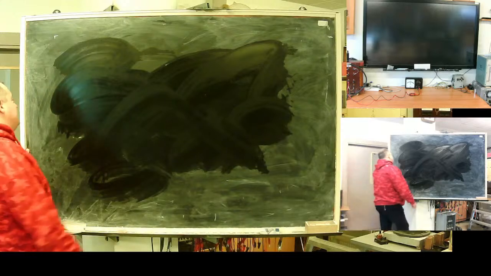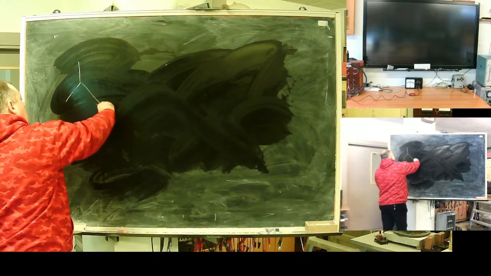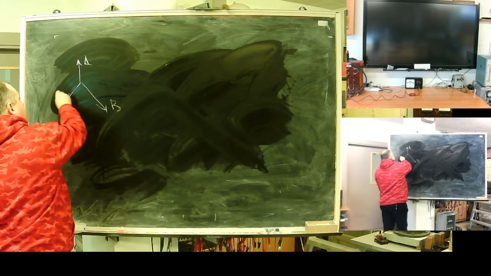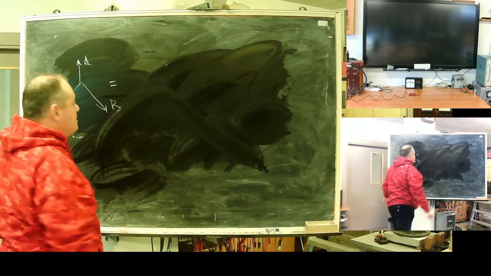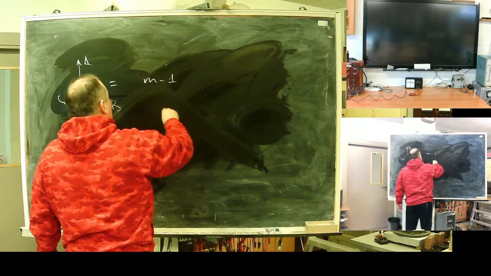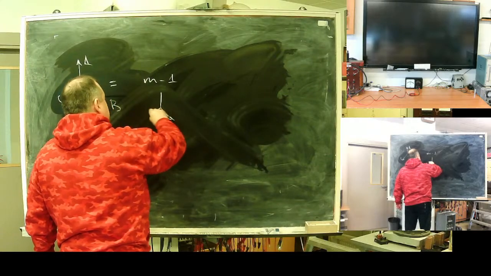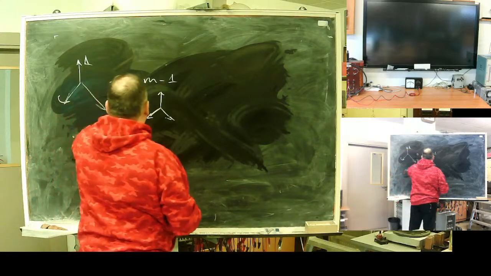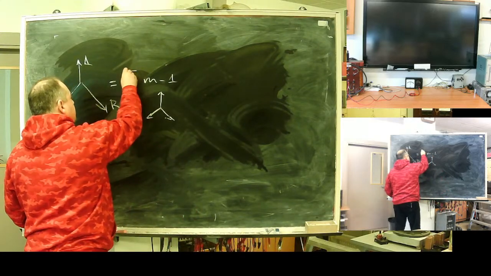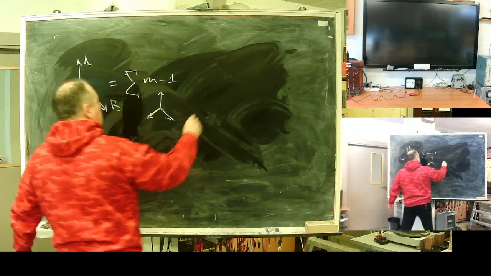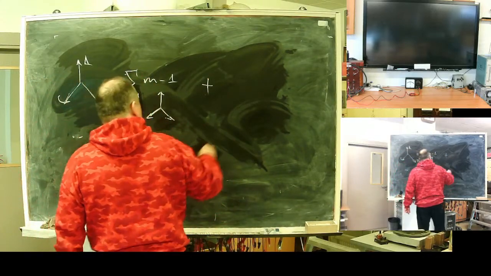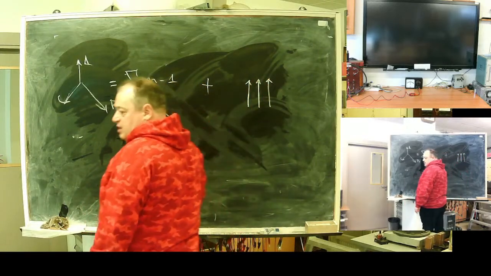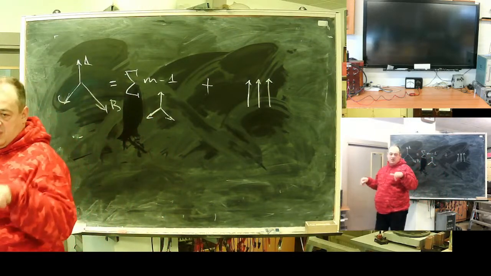So the Fortescue idea is that any non-symmetric polyphase system can be substituted with m-1 symmetrical systems, plus one additional so-called zero sequence system to reflect a ground current.